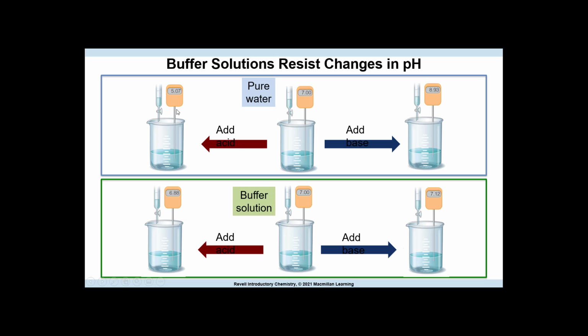The difference may seem like it's not a big deal, but this is a huge difference in between. But if we repeat the experiment with a buffer solution, we see a different result. Adding the same amount of acid decreases the pH only slightly. Adding the same amount of base increases the pH only slightly. So you can see it goes down to 6.88 and increases to 7.12.